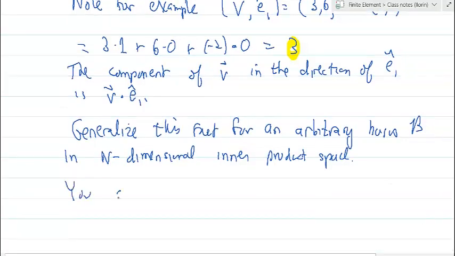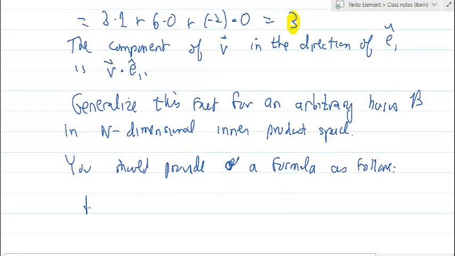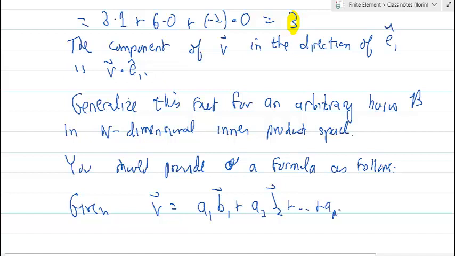So you should provide a formula as follows. All right, given some vector v is equal to a1 b1 plus a2 b2 plus an bn, where b1 through bn is an orthonormal basis.